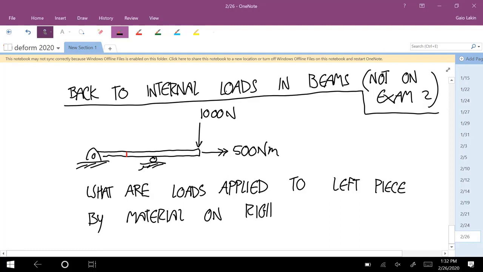That's what we're getting at. And remember, the way that we did that is we assumed that this is a fixed joint between those two pieces of material, and a fixed joint is capable of applying a force along every axis and a couple about every axis.